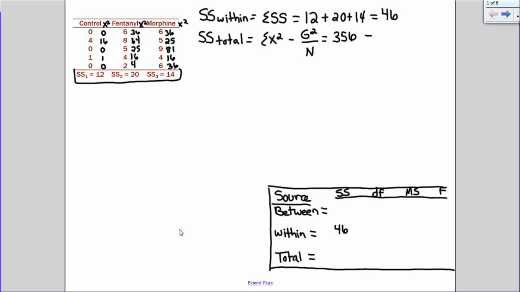Then we need to find what G is. Well, remember, G stands for the grand total. So if we add all the scores together, and I'm going to go ahead and color code this, the sum of x squared is all these guys added together.